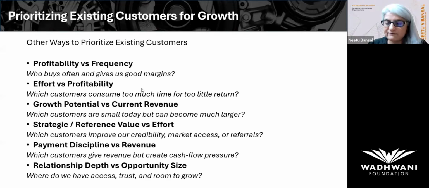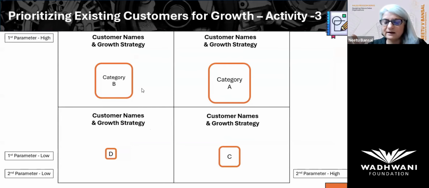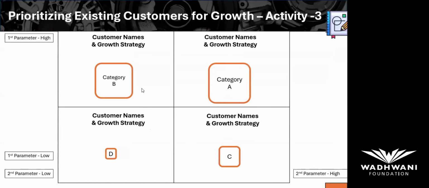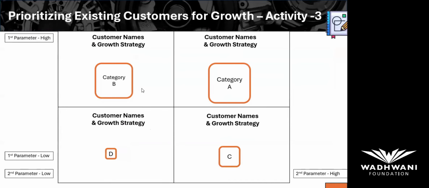This is an organization level decision. While you're using data, ask each individual to do it separately. As an organization you will finalize: this is my category A, B, C, and D customers, and this is my strategy for each one of them. I would suggest do this exercise before you come for a one-to-one, and then we will discuss exactly what strategies you should be applying. Sure, we'll do that.